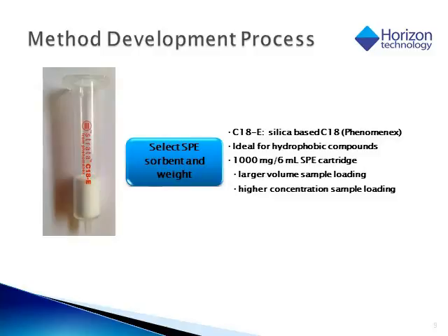So I should be able to achieve some fairly good separation just based on the polarity and using a C18 silica-based sorbent. Now in this particular situation I want some strong colors, and so I'm choosing a 1000 milligram 6 milliliter SPE cartridge. I can load a larger volume of sample and also utilize a higher concentration of that sample to get those strong colors.